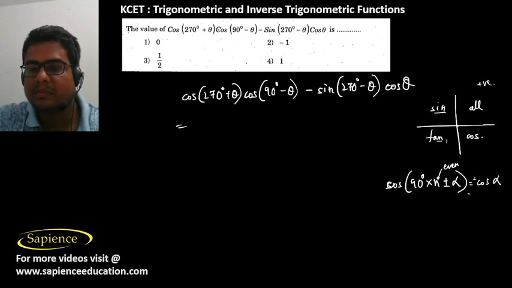So it will be plus or minus cos alpha. And if n is an odd number, then it will be plus or minus sine alpha. It means cos will change into sine and sine will change into cos.